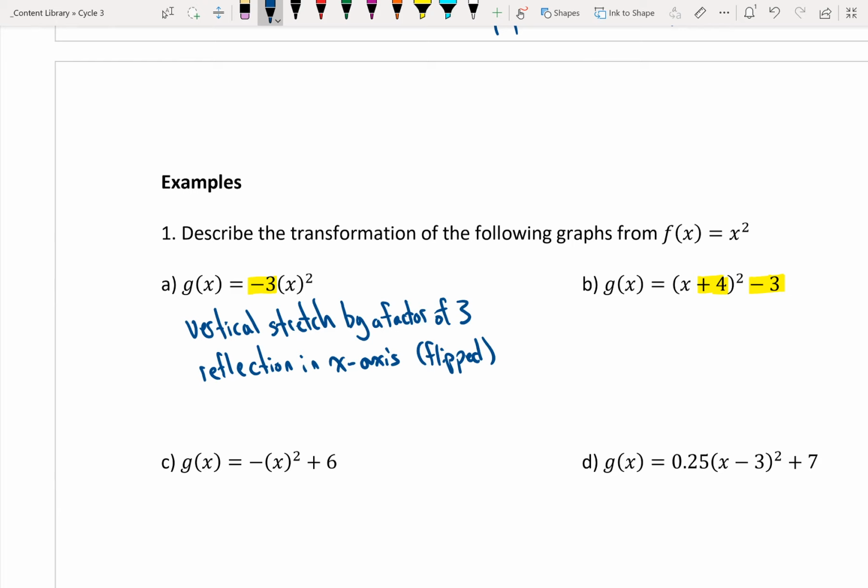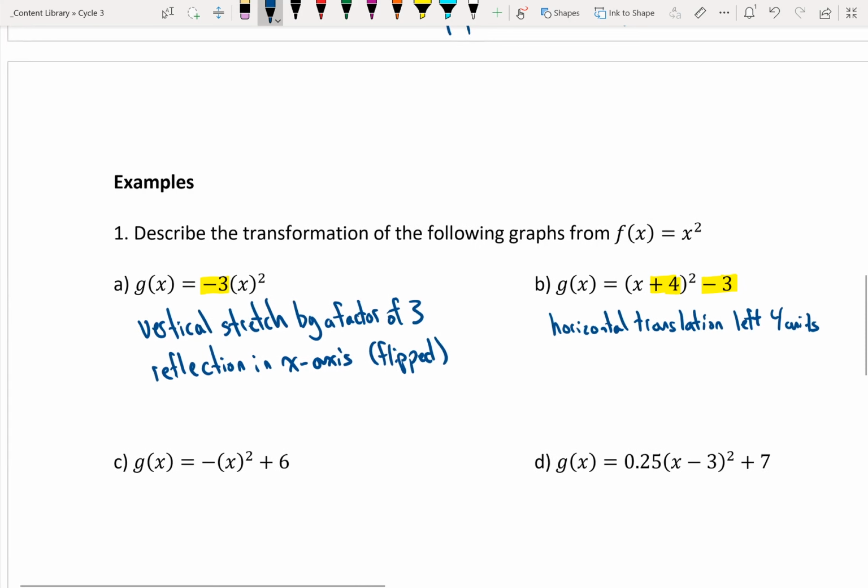So we have positive 4. We talked about if we see a positive in the brackets, that means that our H value is actually negative. So that means we have a horizontal translation, or a horizontal shift left. So it's left, but it's also specifically 4 units. So we do want to be specific. We're shifting left 4 units.